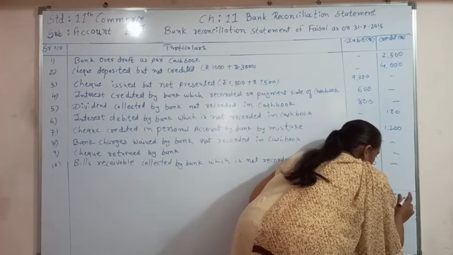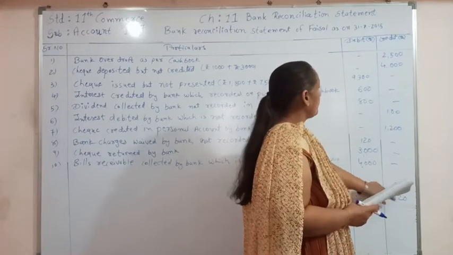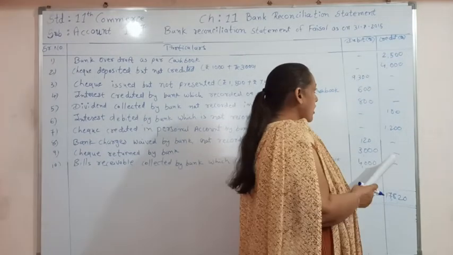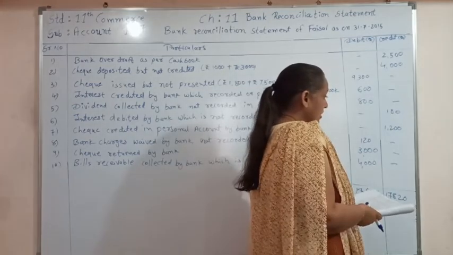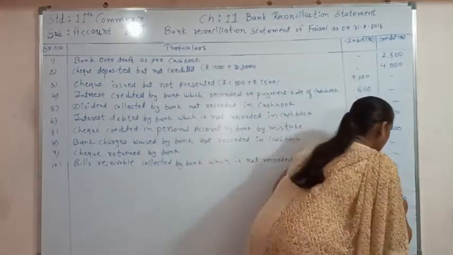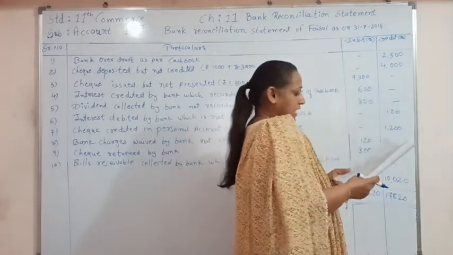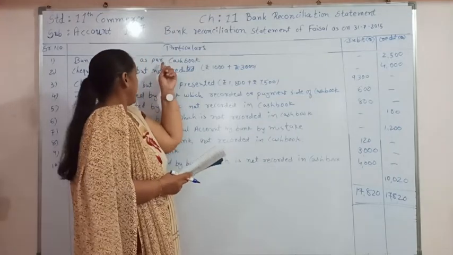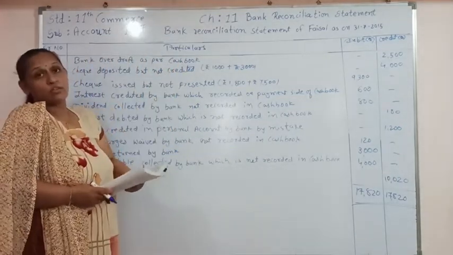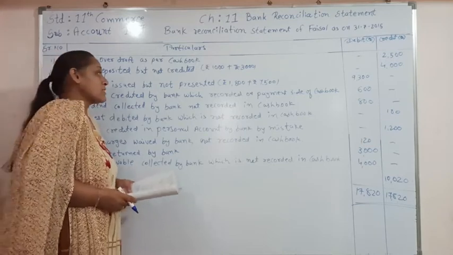So that 17,820 we will write on the credit side, and from this we deduct all the amounts 2,500, 4,100 and 1,200. So our balance will be 10,020 rupees, and this balance is on the credit side and it is the balance for the passbook. So it is called bank balance as per passbook.